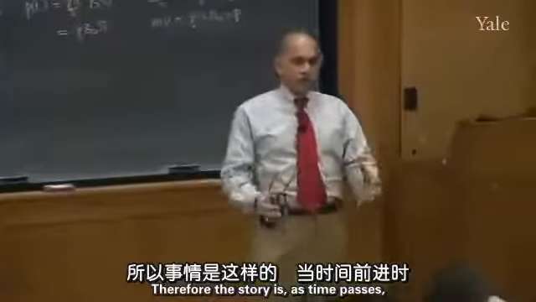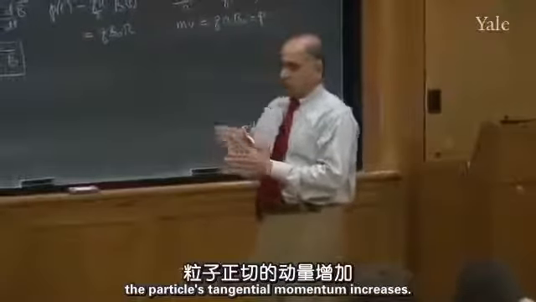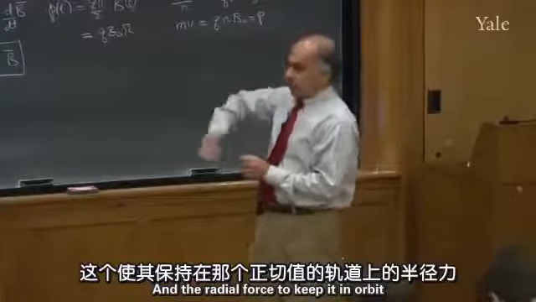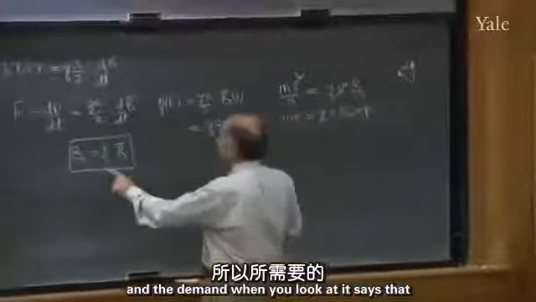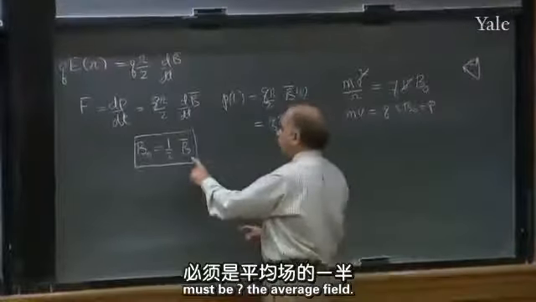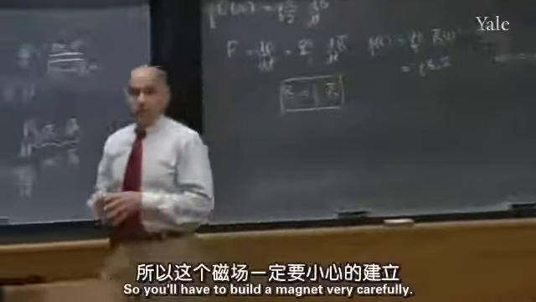Therefore, the story is as time passes, the field increases in strength, the particle's tangential momentum increases, and the radial force needed to keep it in orbit at the tangential momentum also increases, and the demand says that the field at the periphery, where it's rotating, must be 1/2 the average field. So you'll have to build a magnet very carefully.